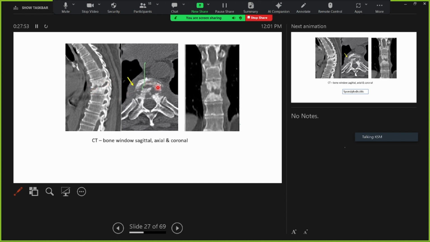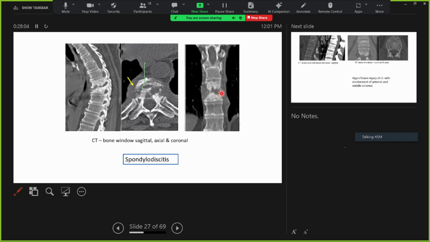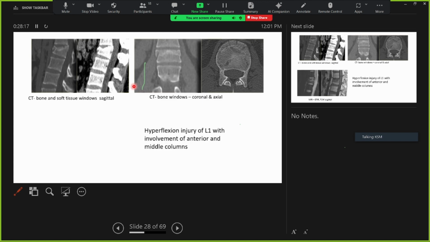In the axial image, you can see there is associated paravertebral soft tissue thickening as well. In the coronal, you can again see the destruction and the paravertebral changes. This is spondylodiscitis that we can diagnose by taking a sample from here. That can be done with the aid of the CT. CT guided biopsy will confirm what the diagnosis is.